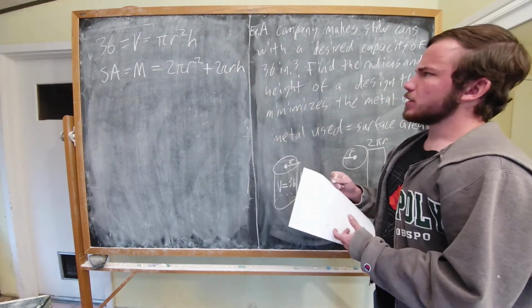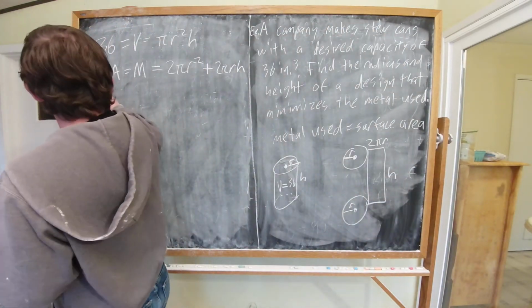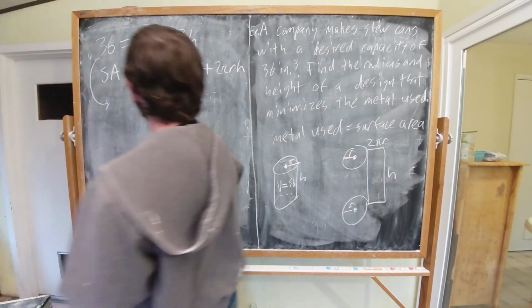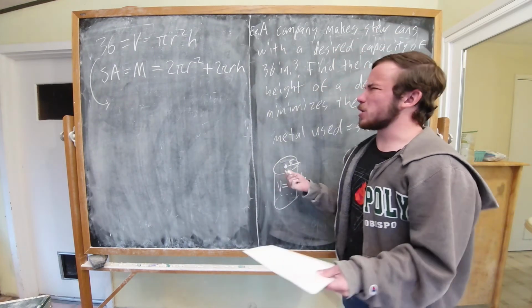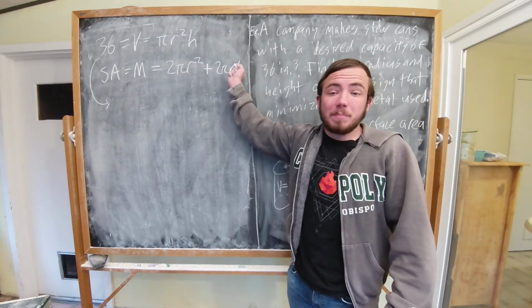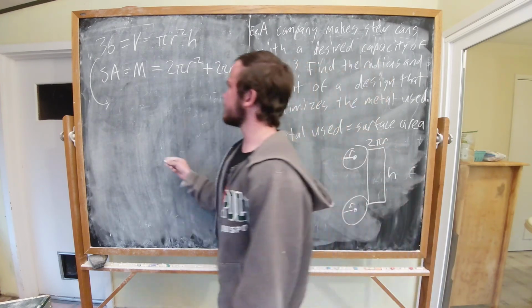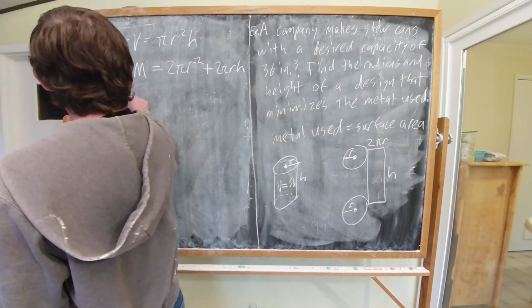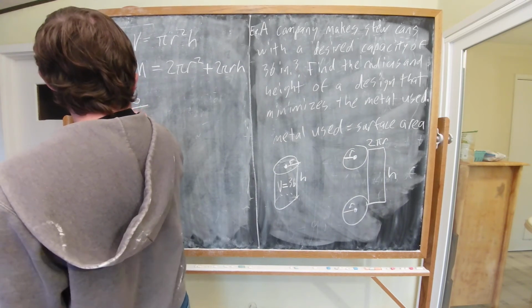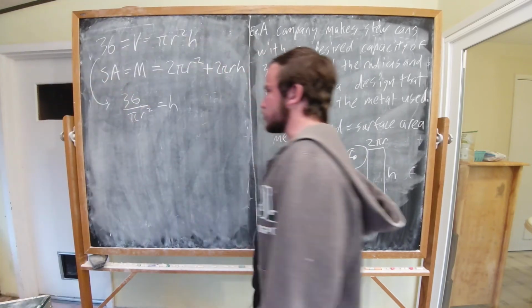Alright, so from this first equation right here, this 36 equals pi r squared h, let's solve for one of our variables. I like h because it seems to just be kind of sitting over there by itself, so let's get h in terms of everything else. 36 divided by pi r squared is equal to our height.